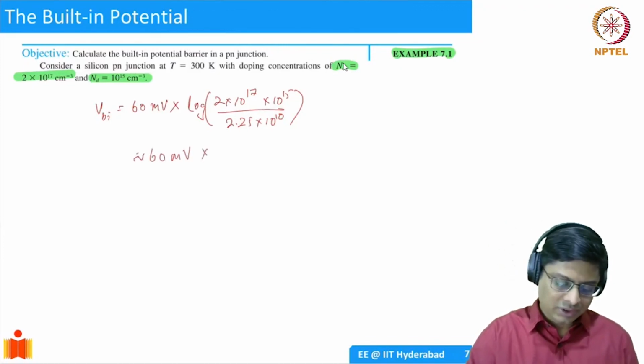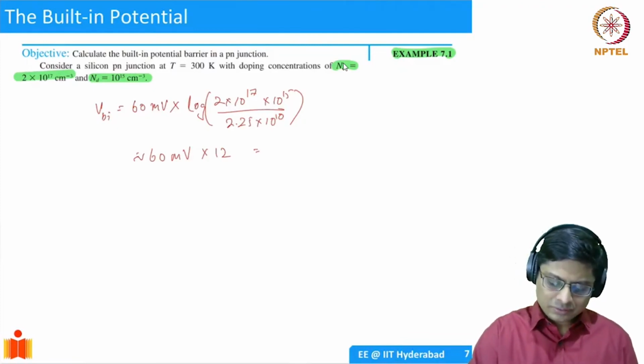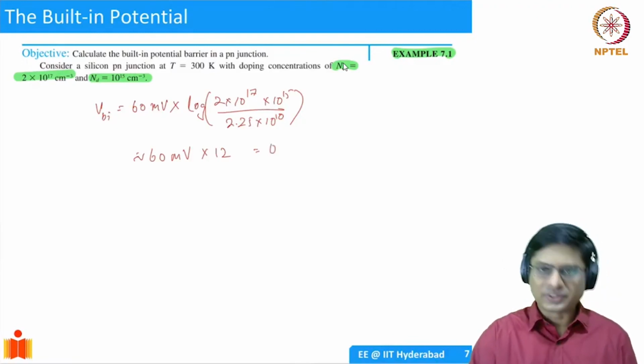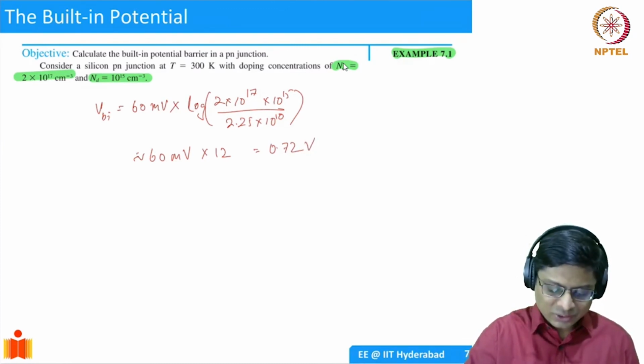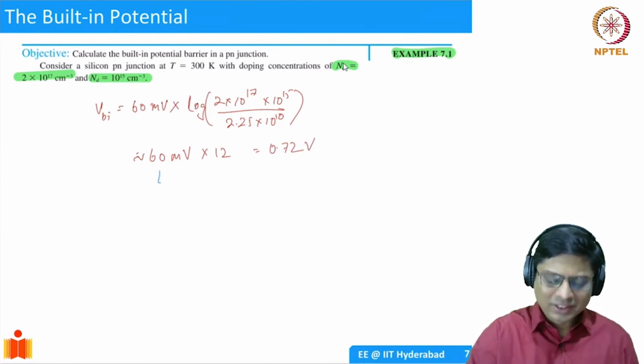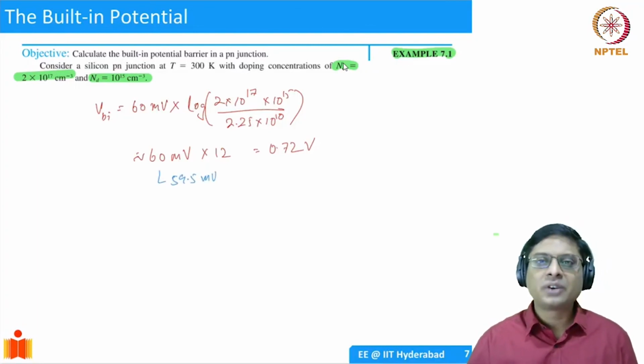That's going to be 12, is it right? Yeah, 0.72, something like that. Please verify it. This is not exactly 60 millivolts; I think it is 59.5 millivolts or something. So there's a small change, but you would verify that anyway. This is how you determine the built-in potentials for PN junctions.